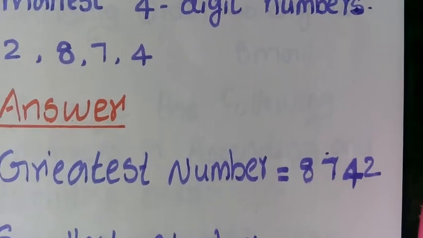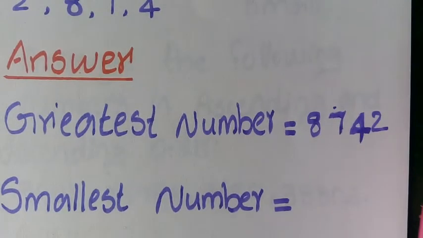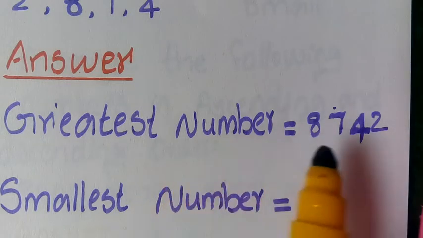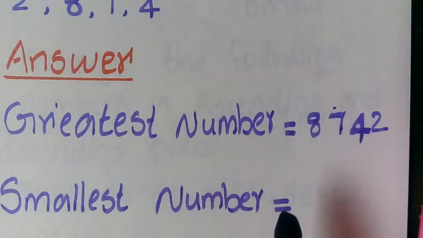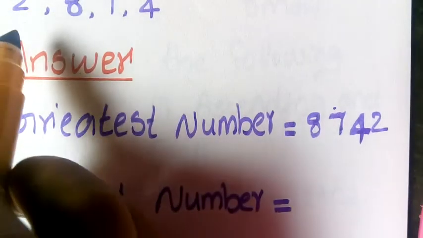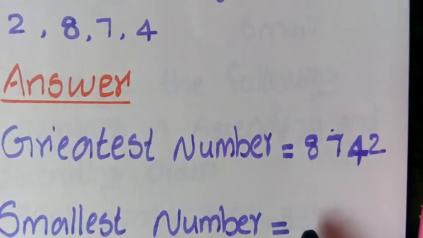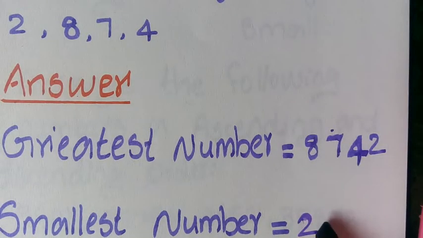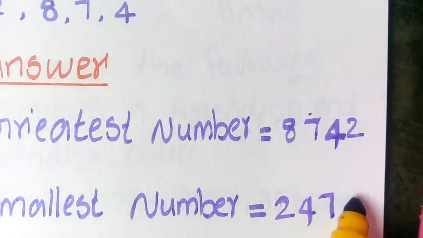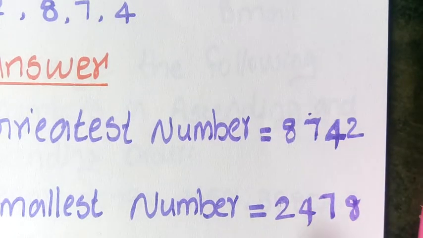Now we need to write the smallest number. Children, how to find the smallest number? It is easy. If you write the reverse order of the greatest number, then we will get the smallest number. That is, smallest digit is 2, then 4, then 7, then last 8.